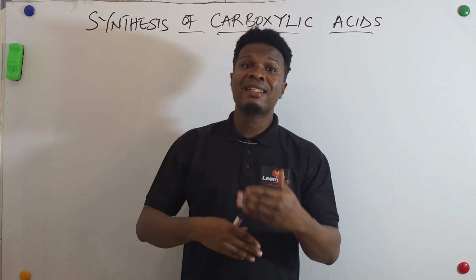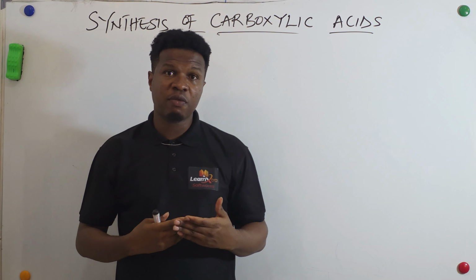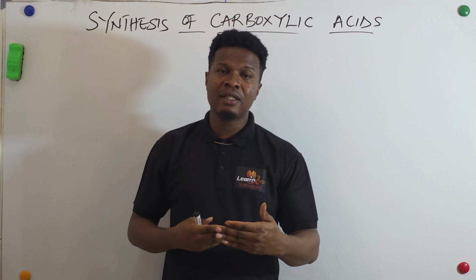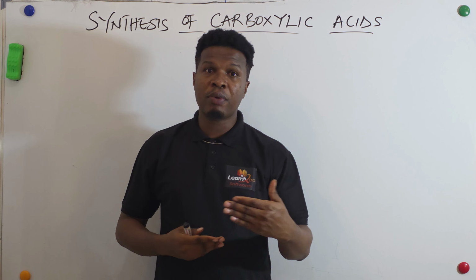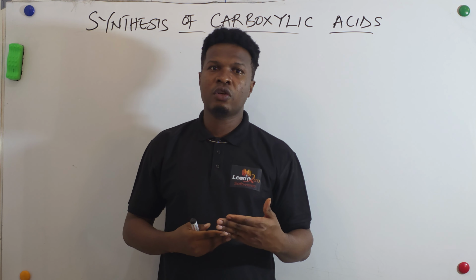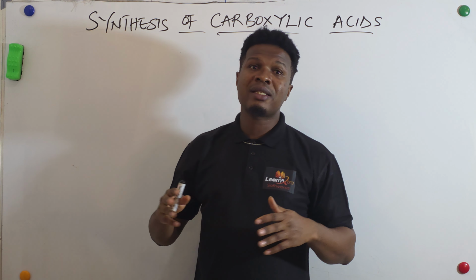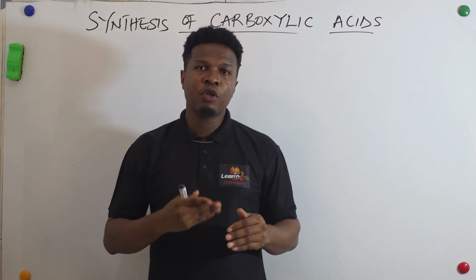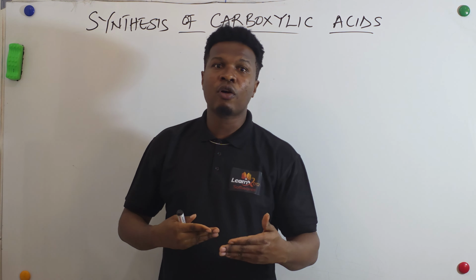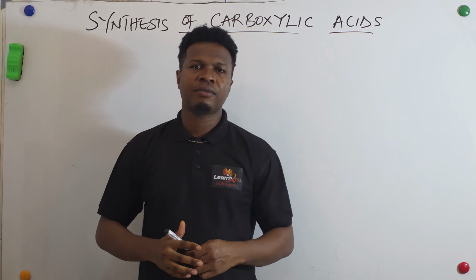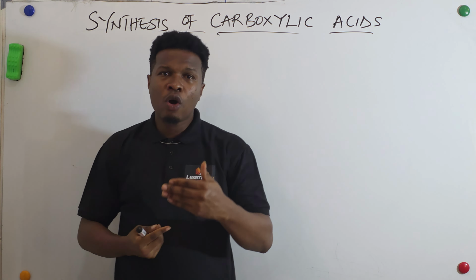Remember, when you oxidize alcohols, primary alcohols to be specific, you are going to get a carboxylic acid, complete oxidation. You use oxidizing agents like sodium dichromate and Jones reagent. Those reagents will oxidize the primary alcohol to a carboxylic acid. You can also oxidize an aldehyde.